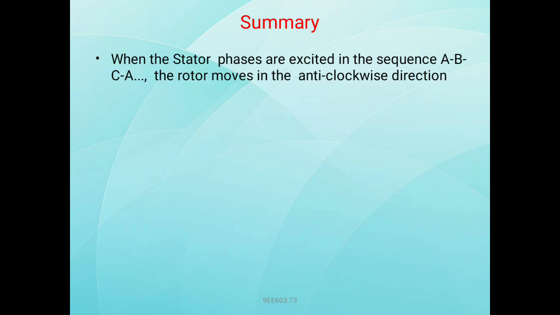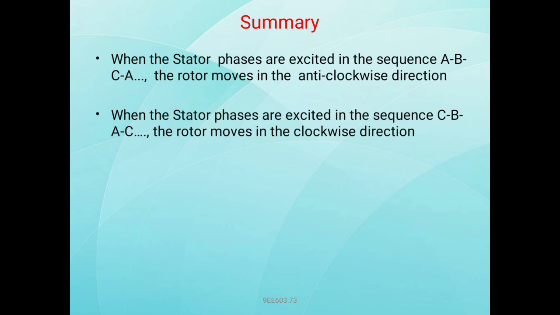Here is the summary. When the stator phases are excited in the sequence ABCA, the rotor moves in the anticlockwise direction. When the stator phases are excited in the sequence CBAC, the rotor moves in the clockwise direction.